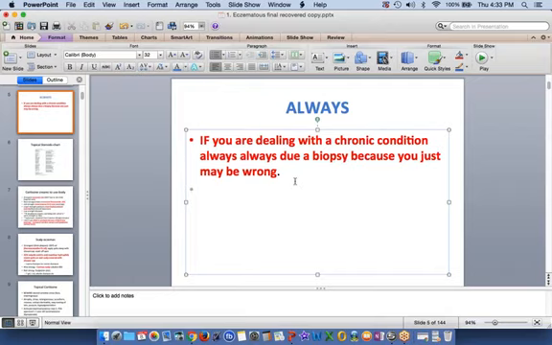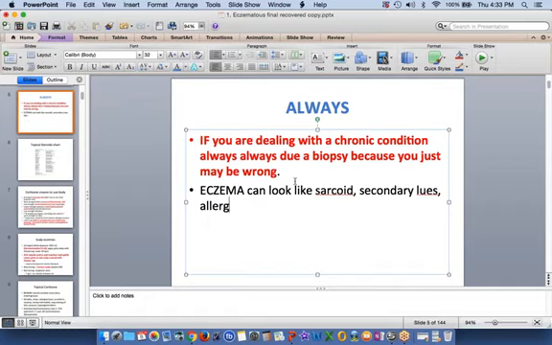So remember, eczema, okay, could look like sarcoid, secondary lues, allergic drug reaction, etc. Okay, so there is a differential.